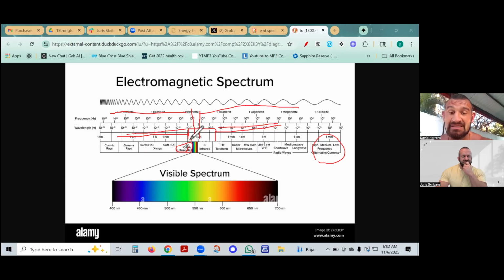What that means is our biology also uses frequencies that we cannot see. If I clean up this drawing a little, it looks like a box like this. It comes all the way to here. That is the range our biology interacts with every single day when you're outside.